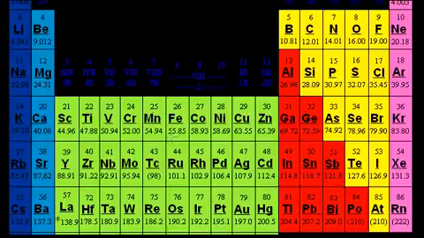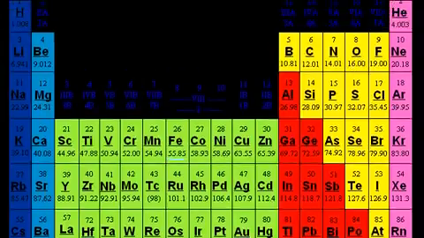Iron is right here, 55.85. I think it's fair enough to round to 56. Let's say we're dealing with the isotope of iron that has 30 neutrons, so it has a mass number of 56. So iron has a mass number of 56, and oxygen we already know is 16.